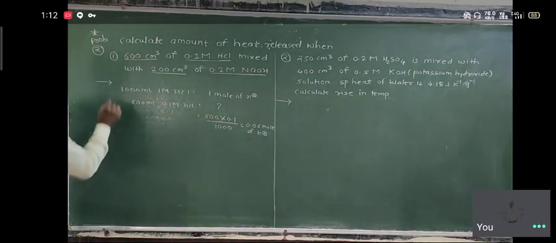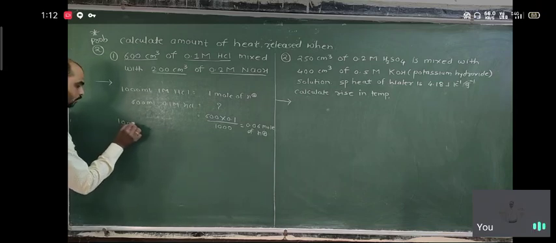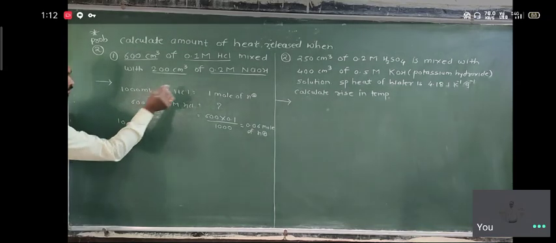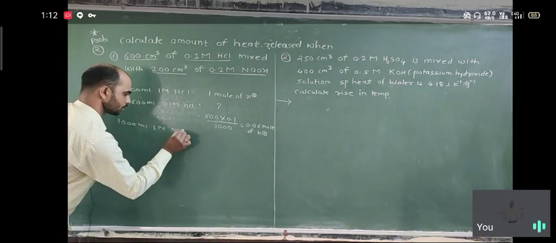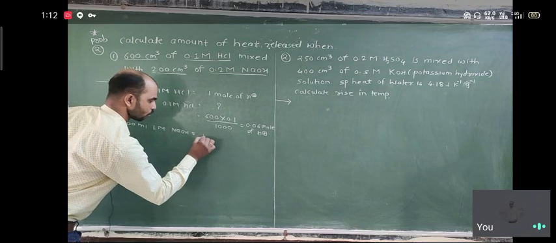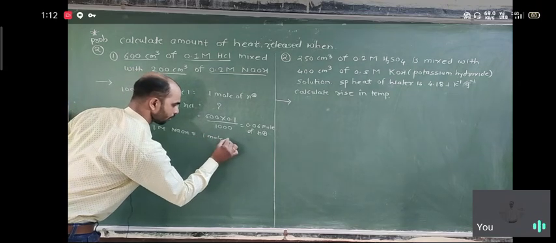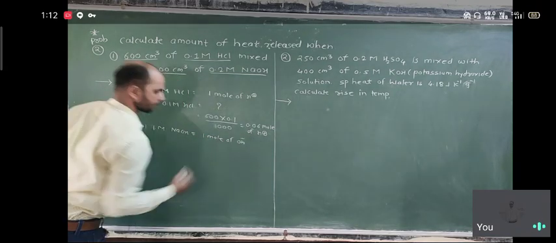Second, 1000 ml of 1 molar NaOH is equal to 1 mole of OH minus ion.